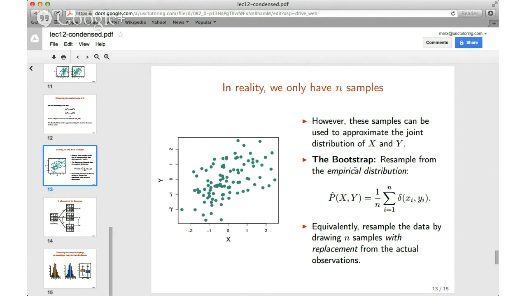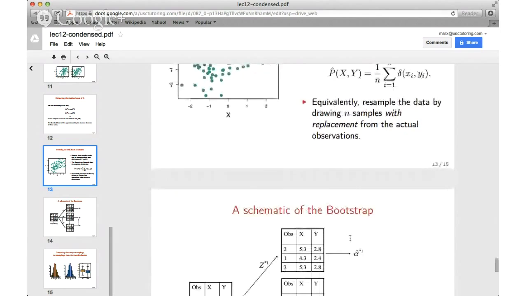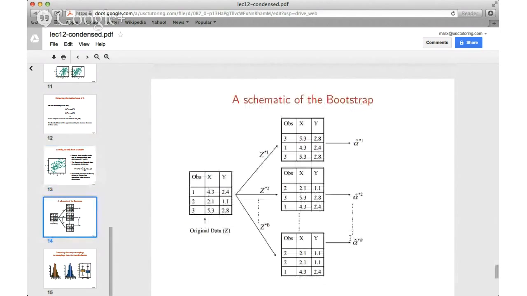Next time, another random 10. There are so many combinations of 10 you can pick, and that's where Bootstrap has the benefit. You can also equivalently resample the data by drawing n samples with replacement from the actual observations. So you can do it two ways, without replacement or with replacement.